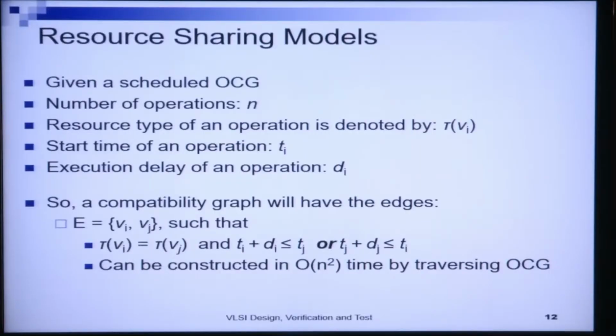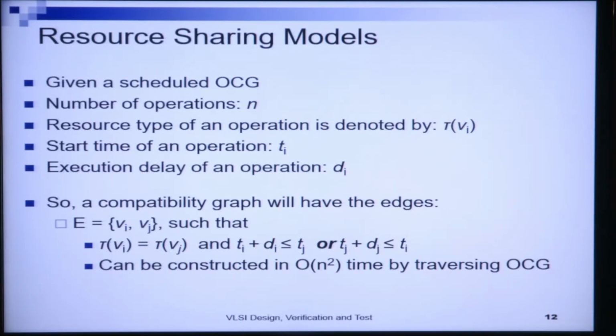Now, with this understanding of resource models, we will now see how from the scheduled operation constraints graph we can obtain a compatibility graph. Using a similar procedure, we can easily obtain the conflict graph as well, because as we have seen, the conflict graph is just a complement of the compatibility graph.